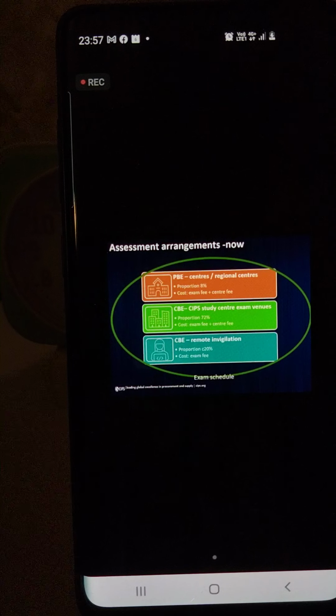Now, Angela did ask me to mention something really important, so I'm just going to slightly tangent on this particular slide. So when we do remote invigilation, when a learner might select to do remote invigilation exams, CIPS and study centres work really hard with students to provide them with support materials so that they're ready for their exams and they're fully prepared.